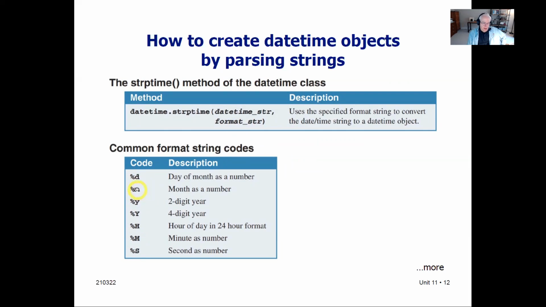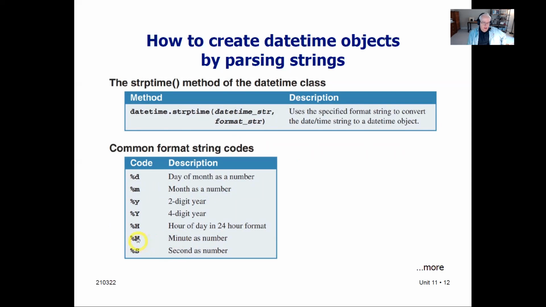And to that point, let me show you this. I noticed this. Notice that percent lowercase m is month as a number with a leading zero. So January would be 01. And then we go down to percent uppercase M, it's all about minutes as a number. So we completely got out of the month business and got into the minute business.